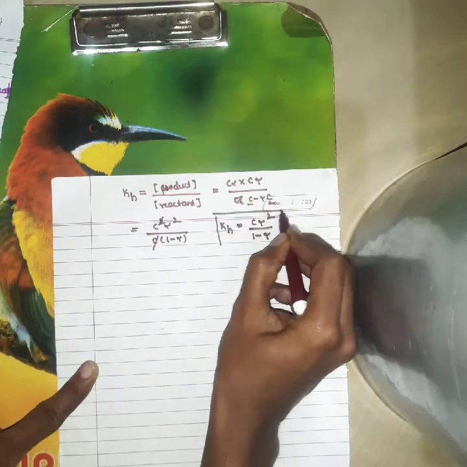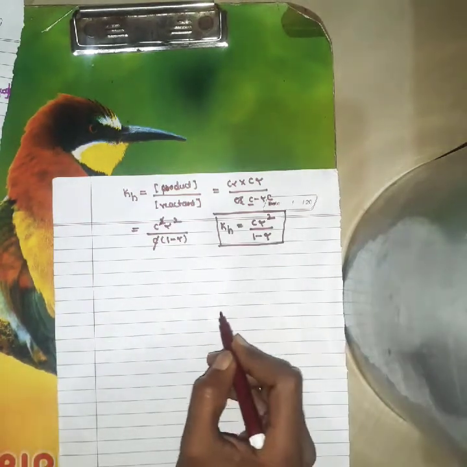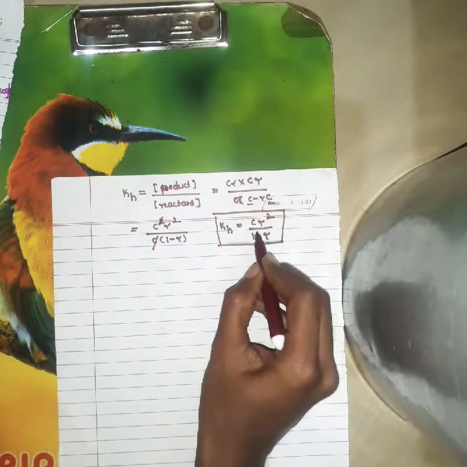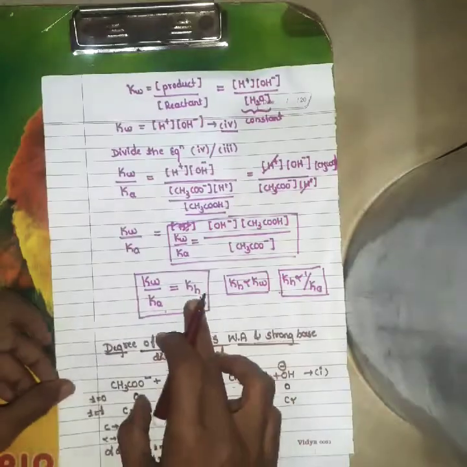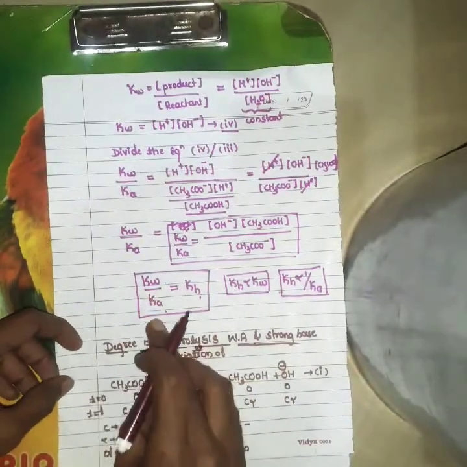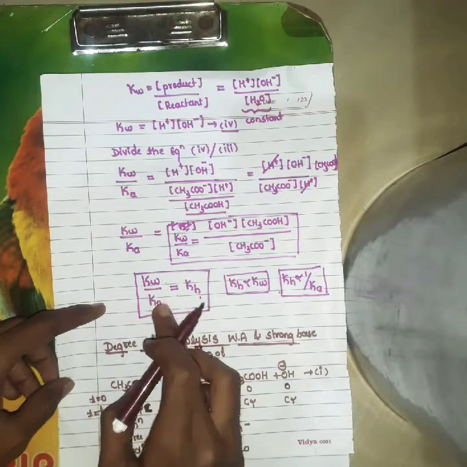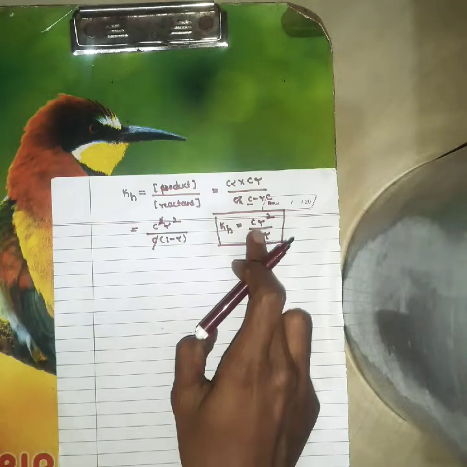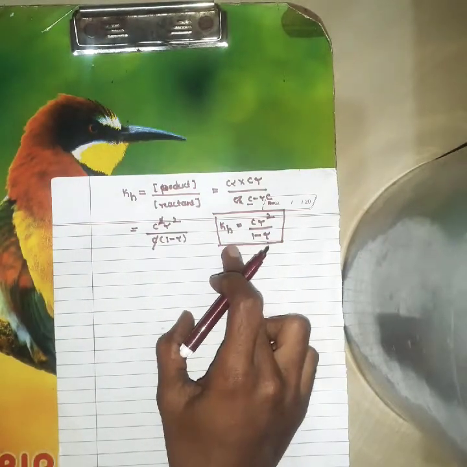This is the hydrolysis constant of weak acid and strong base in terms of degree of dissociation and concentration. Last class you also studied Kh is equal to Kw by Ka. If Kw and Ka are given, use that formula. If concentration and alpha are given, use this formula.